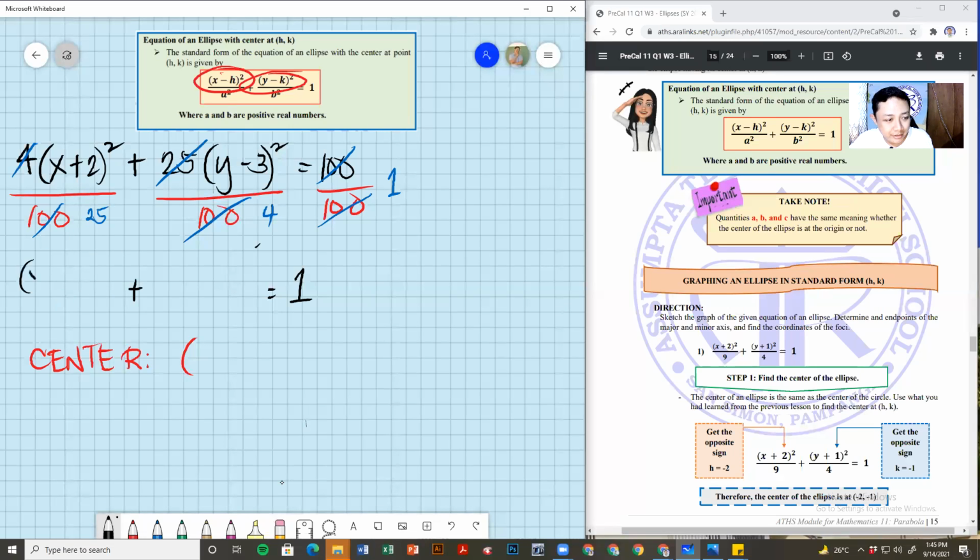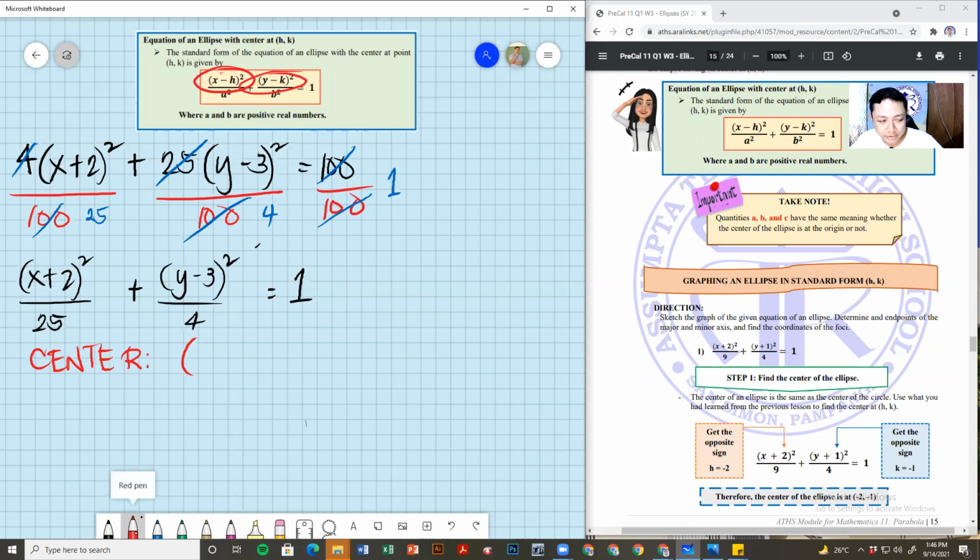So we have here (x plus 2)squared over 25, and then (y minus 3)squared over 4. Okay. So we have here the center. This is plus 2. It should be minus.